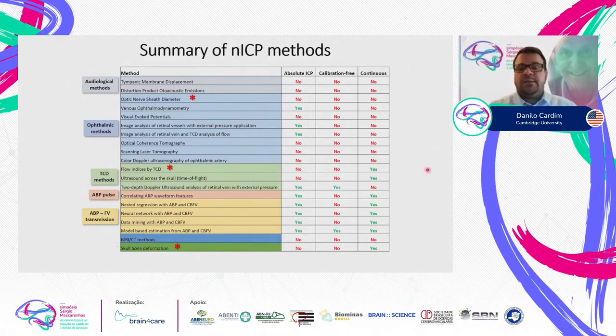We can also subcategorize these different categories of non-invasive ICP methods into methods that provide absolute intracranial pressure values, for example methods that provide intrinsic calibration in millimeters of mercury or any other pressure unit. We have methods that do not require calibration. And then we have methods that provide or do not provide continuous measurement of intracranial pressure.